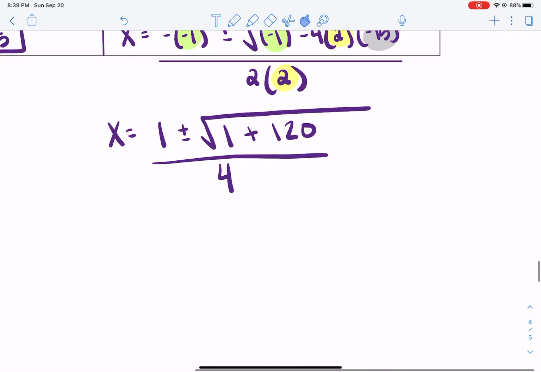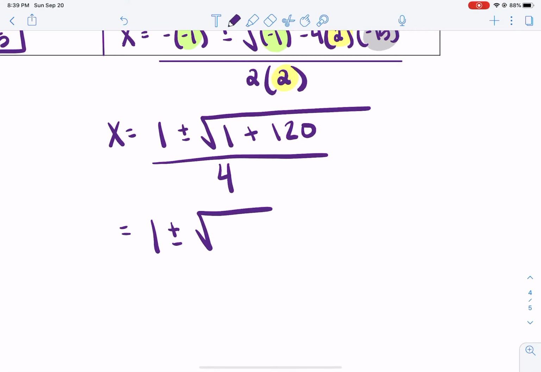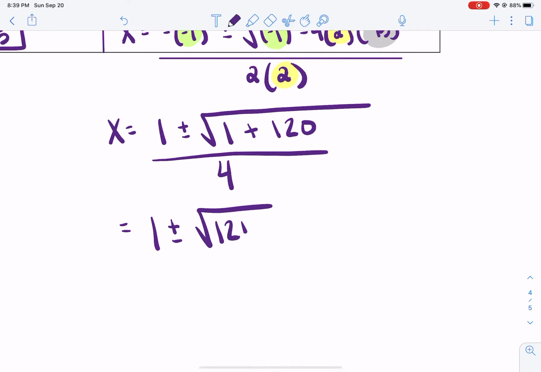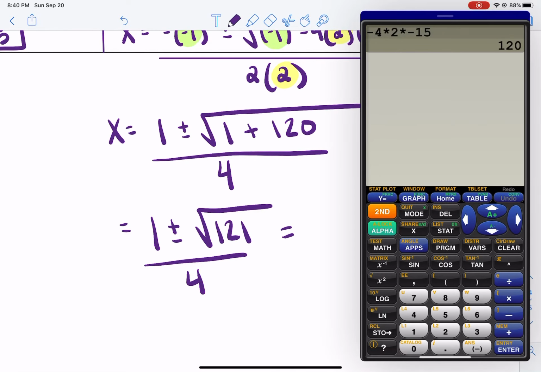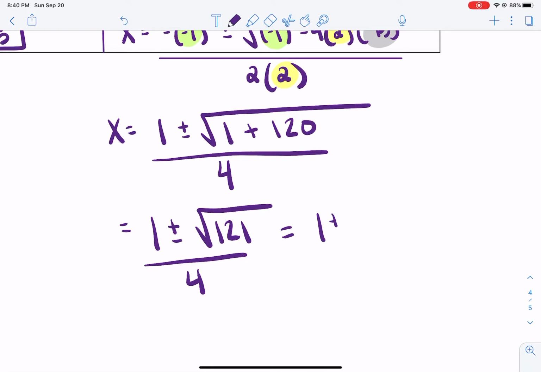So let's keep simplifying. 1 plus or minus the square root. 1 plus 120 is 121 over 4. Now the square root of 121, well, if you're not sure, you can find the square root in your calculator, and that's 11. So we have 1 plus or minus 11 all over 4.